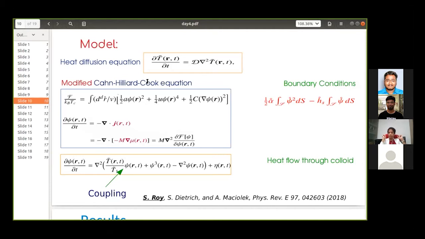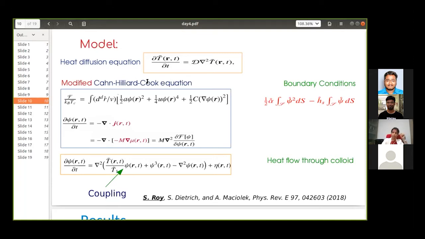And depending on the local temperature, the order parameter value is also going to change, right? So you have an order parameter field as well. It depends on the space coordinate, and that order parameter depends on time as well. So the temperature field and the order parameter field are now coupled with each other. Okay, and the question is, how do we solve those two fields as a function of time?